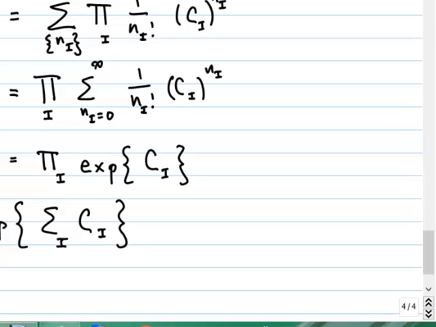This is what exponentials are good for, right? They're good at taking care of all of the combinatorics of distributing the various connected diagrams among the general diagrams, and the symmetry factors that just take into account the permutations of the individual connected diagrams in a general diagram.